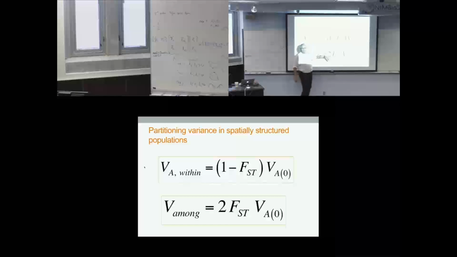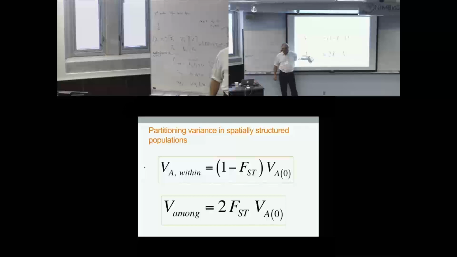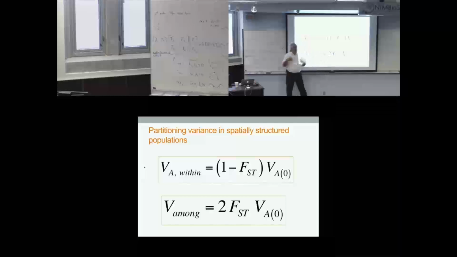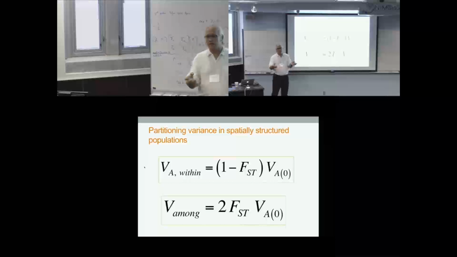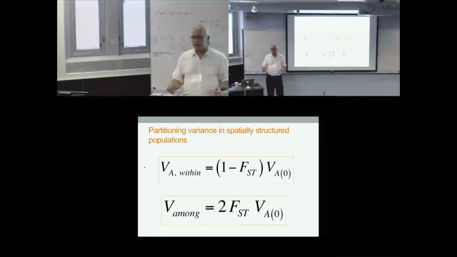That 2 actually comes because they're diploid. If they're haploid, the 2 goes away. It's coming here because another interpretation of FST is the covariance of alleles in the same population.